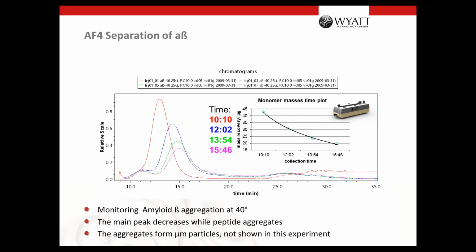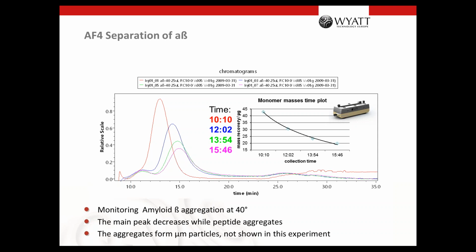Okay, thank you. Next question is, how many different membranes are available now? At the moment, we have the 10 kilodalton Millipore membrane, which is a regenerated cellulose. We have a 30 kD regenerated cellulose and a 5 kD regenerated cellulose.